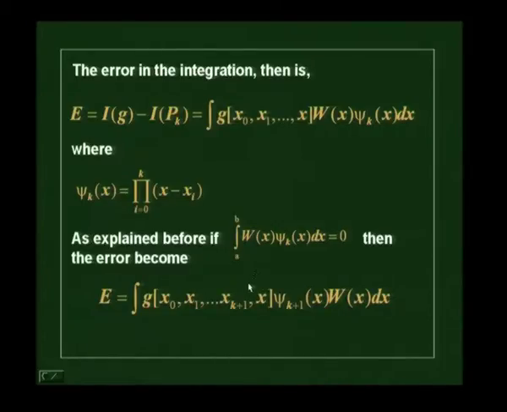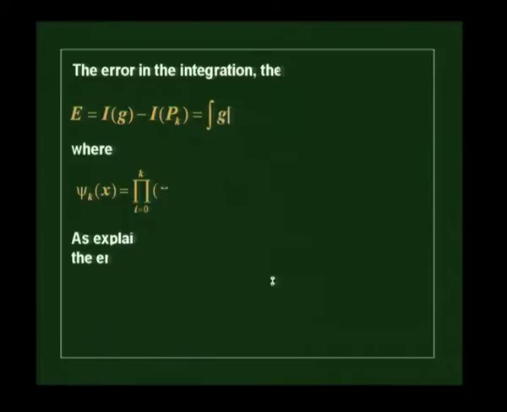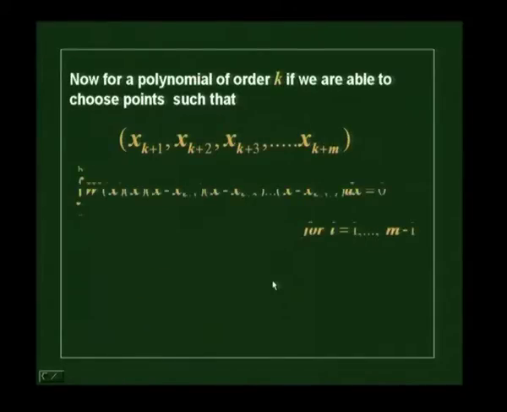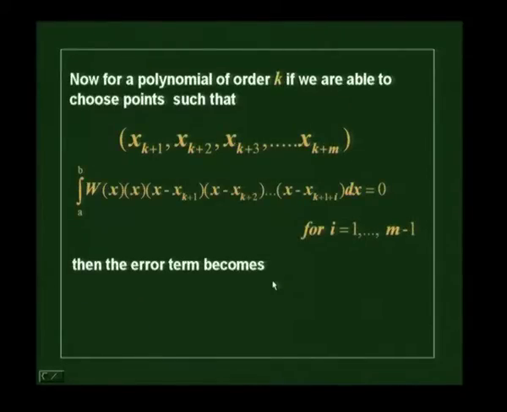So, now the idea is to choose the values x0, x1, x2, etc., such that the order can be pushed up to 2k plus 1. That is what we have mentioned earlier. So, now I choose a new point k plus 1 such that w of x, sorry, there is a mistake, w of x times (x minus x_{k+1}) up to all this is 0.